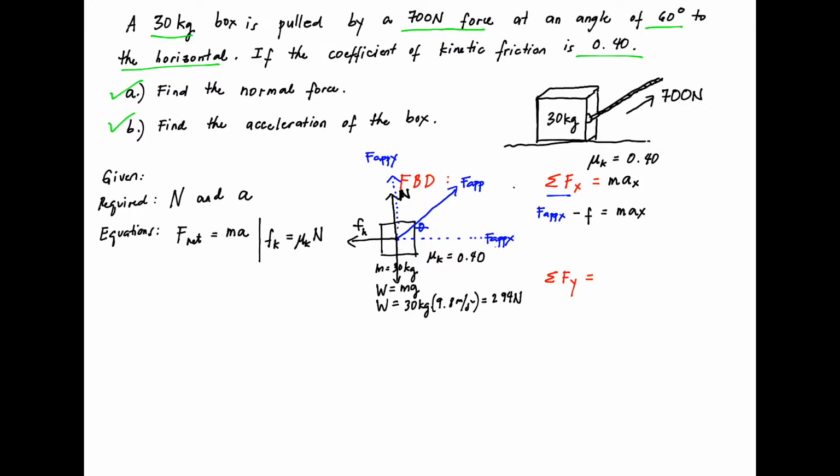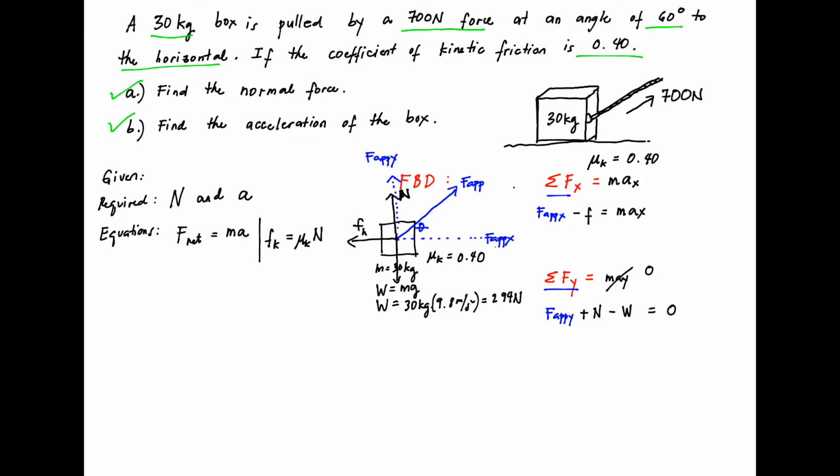Now, let's jump to the summation of the Fy. The summation of Fy is equivalent to F up Y, which is positive since it is pointing upward, plus the normal force minus the weight. And what is the summation of Fy? Since the box is not moving in the y direction, it is 0.